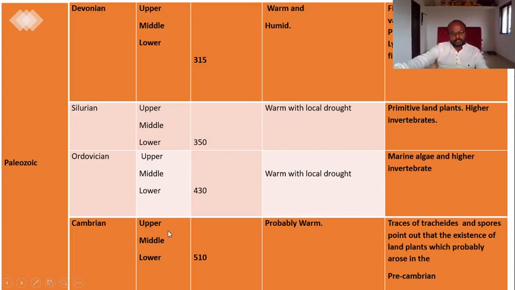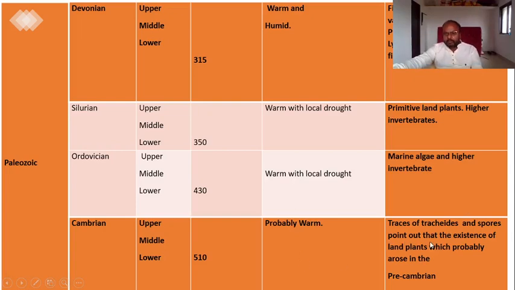The Cambrian is further divided into Upper, Middle and Lower Cambrian. It was about 510 million years ago, and in the Cambrian period there was probably a warm climate.